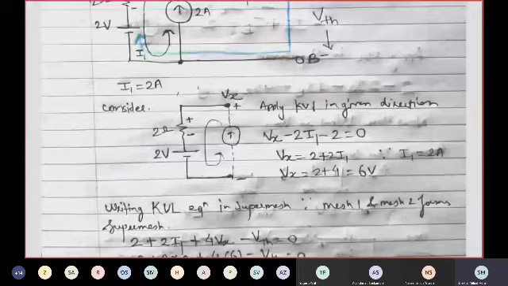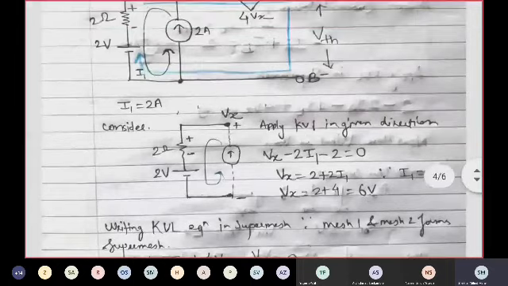And I1 is equal to 2 ampere, because I have kept the direction of I1 the same as the 2 ampere, in the anti-clockwise direction. If I substitute I1 here, I get the value of Vx as 6 volt. So from observation, Vx is 6 volt.